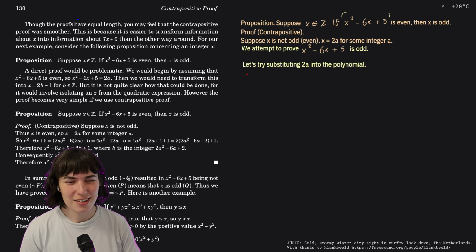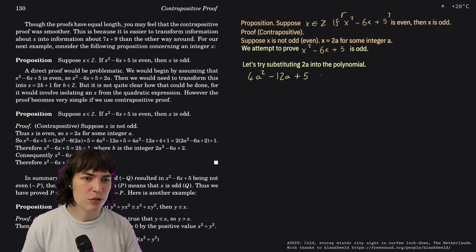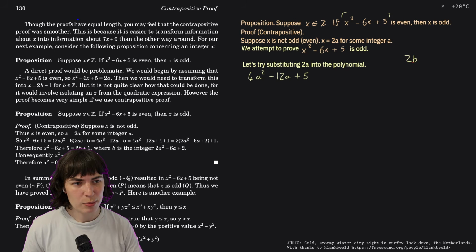Okay, so if we do this, this will actually become 4a squared minus 12a, because there's the 2 in there, plus 5. And we're trying to prove that this can be put in a 2b plus 1 form. Now, can we do that? I think we can.